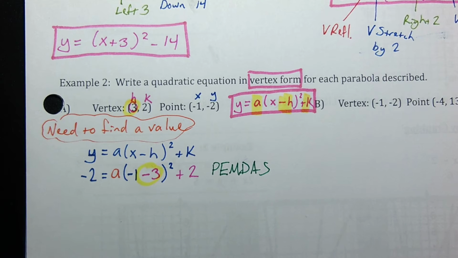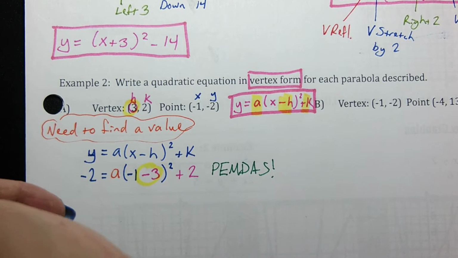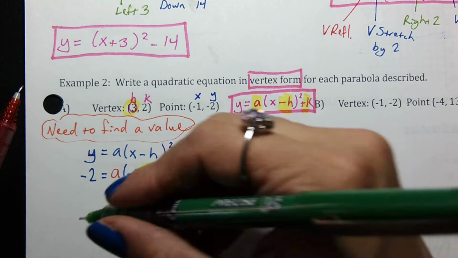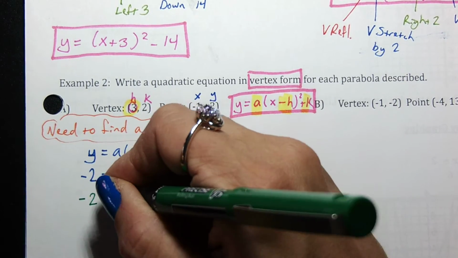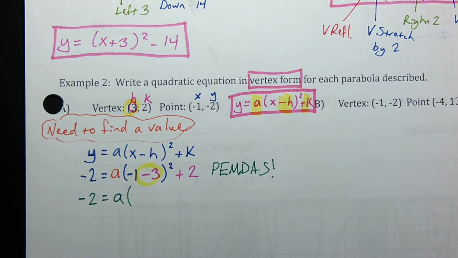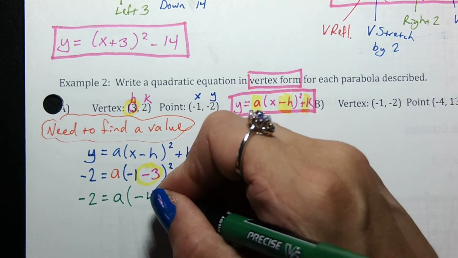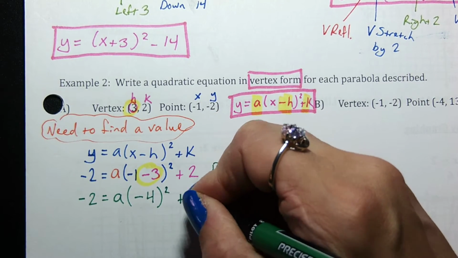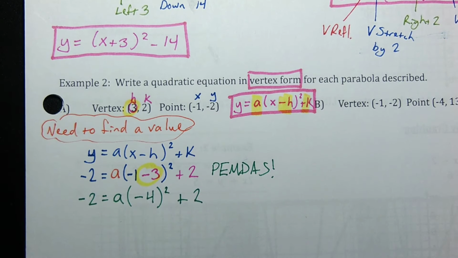From a PEMDAS standpoint, where should we start in the simplifying process? Inside the parentheses. So -2 equals a times (-1 minus 3), which is -4, squared, plus 2. What would PEMDAS say we should do next?